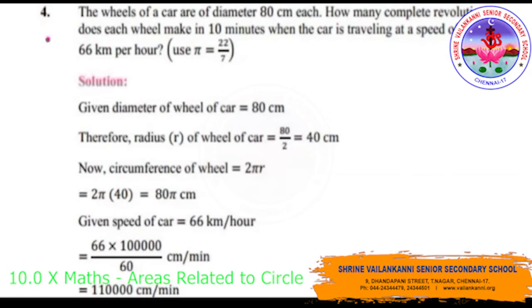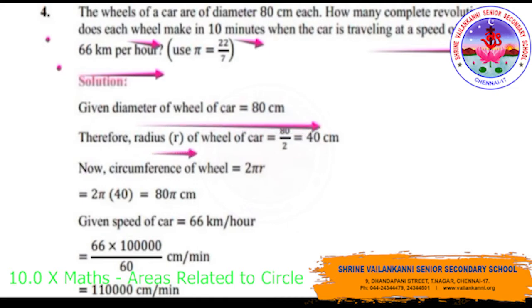Fourth problem, the wheels of a car are of diameter 80 centimeter each. How many complete revolutions does each wheel make in 10 minutes when the car is traveling at a speed of 66 km per hour? Coming to the solution, he has given the diameter of the wheel of a car is 80 centimeter.